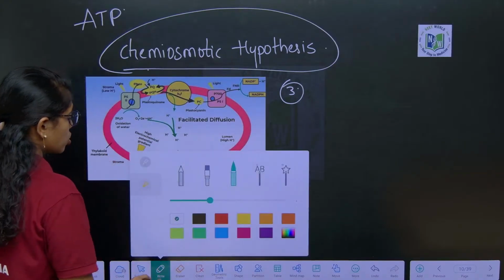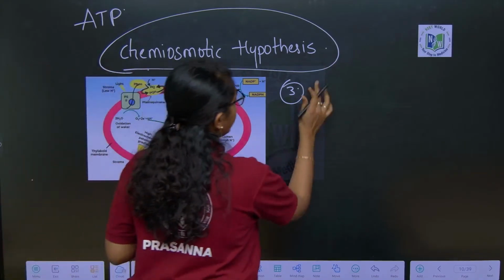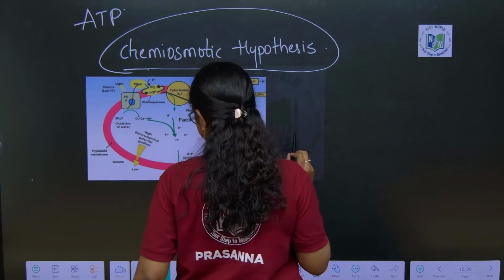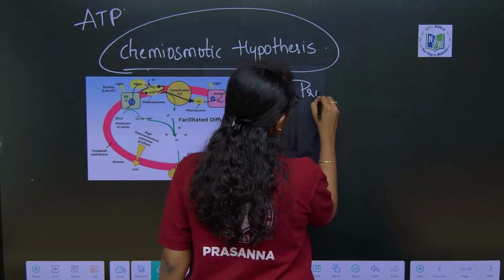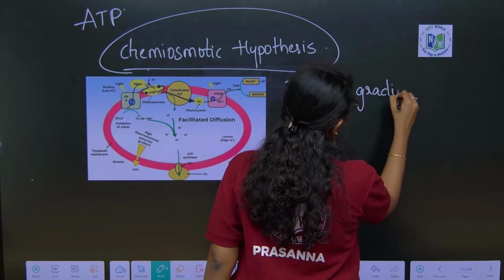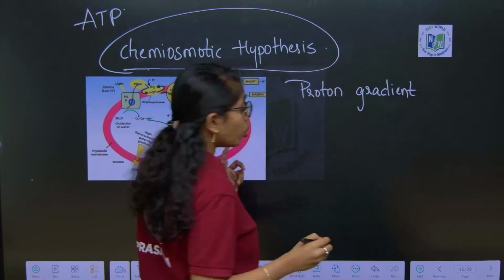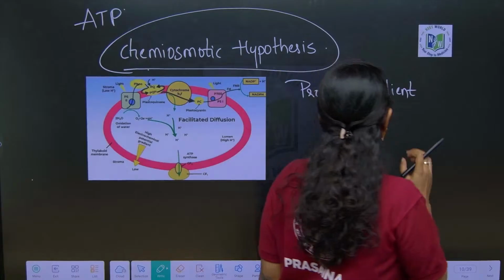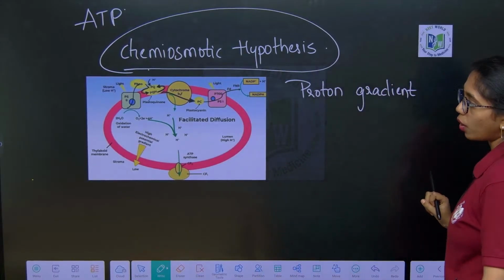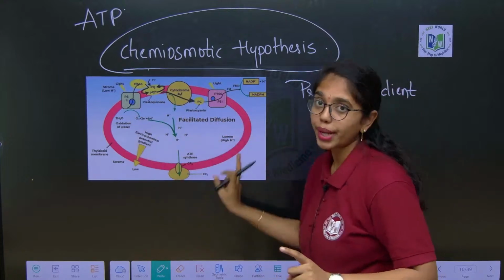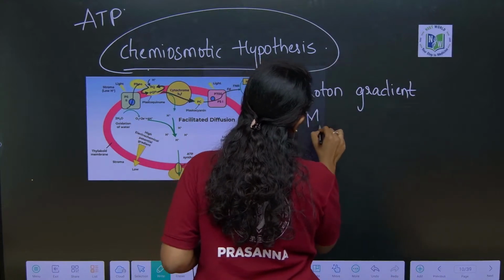That is because of a proton gradient between stroma and lumen of the thylakoid. The chemiosmotic hypothesis requires a membrane, that is the thylakoid membrane here.